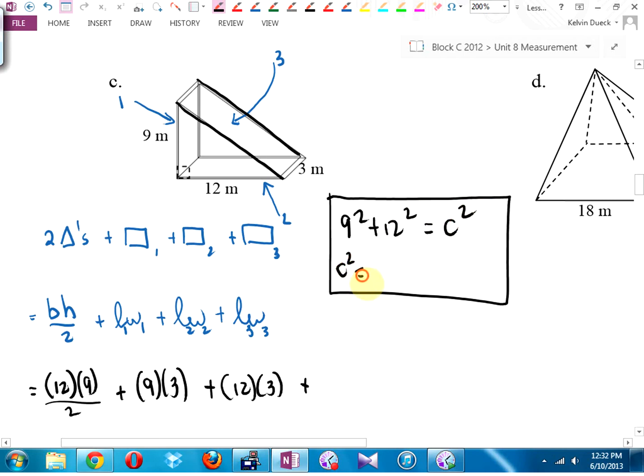What does c squared work out to be? 225? Yeah? And then Jordan already said, hey, square root, what's c? 15. So it's going to be 15. There. Now I can get the surface area.